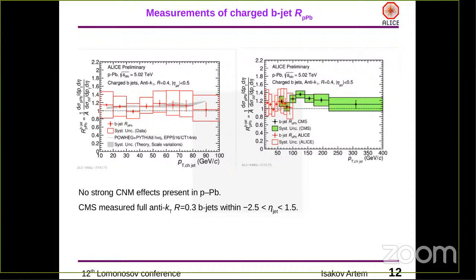We did only a comparison of R_pPb, and since this is just a ratio in different collision systems, it will not take into account shape. It will just show how different it is in different collision systems. So we cannot say how our spectra shape differs in the case of full and charged jets, because we did not make such a comparison.